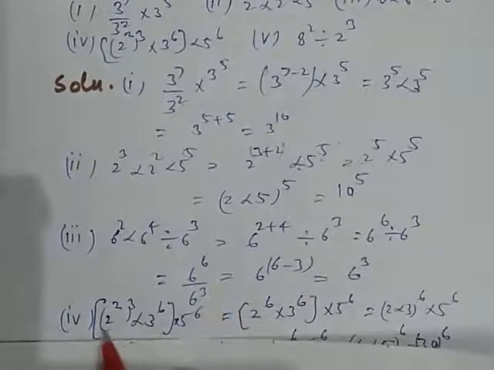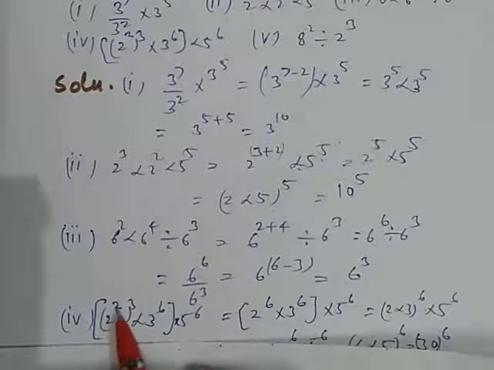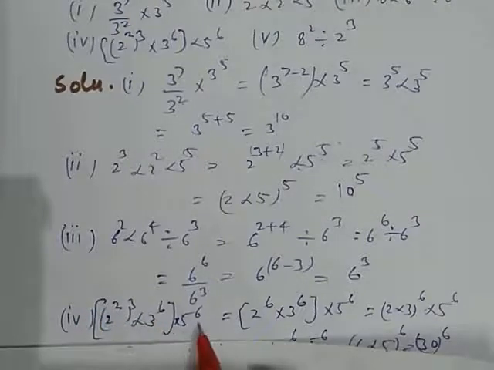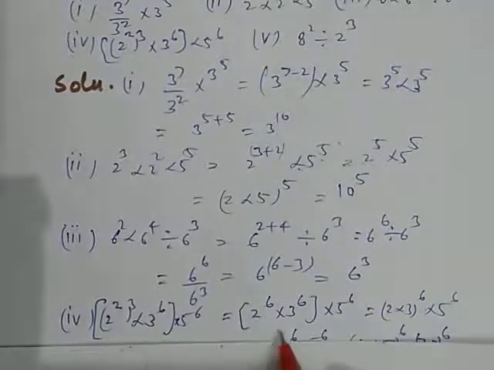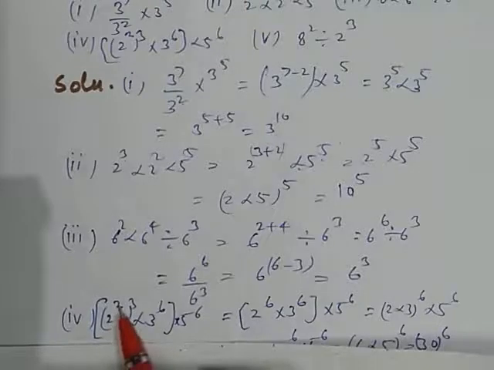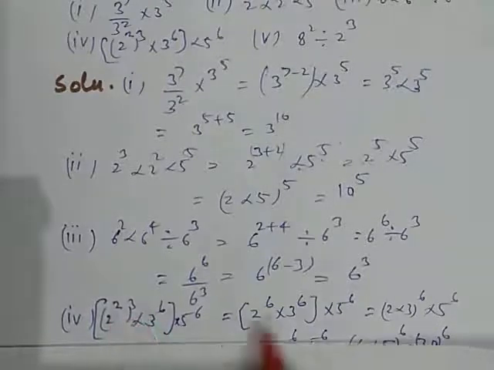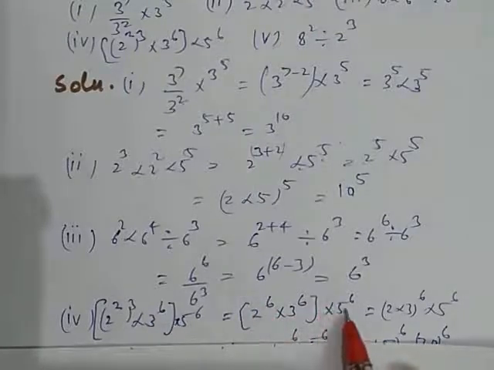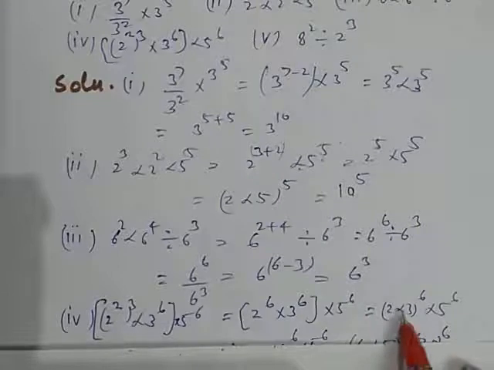Now the fourth part. 2 raised to the power 2 whole cube into 3 raised to the power 6 and multiplied by 5 raised to the power 6. First we solve this: 2 raised to the power 2 whole power 3. So 3 times 2 is 6, so this becomes 2 raised to the power 6 into 3 raised to the power 6 and multiplying by 5 raised to the power 6.